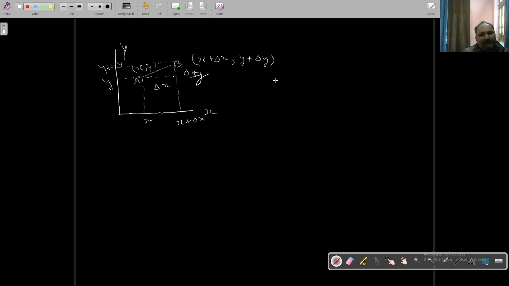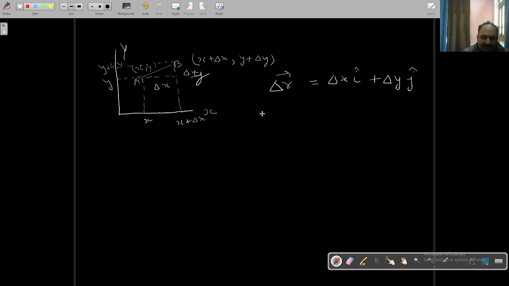So at any point of time, the resultant vector can always be expressed as delta x i plus delta y j, where i and j are unit vectors in x and y directions respectively.